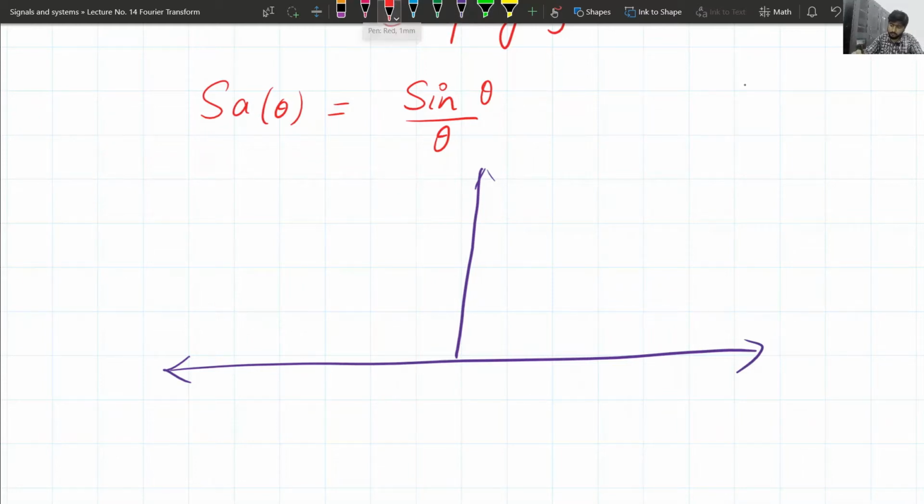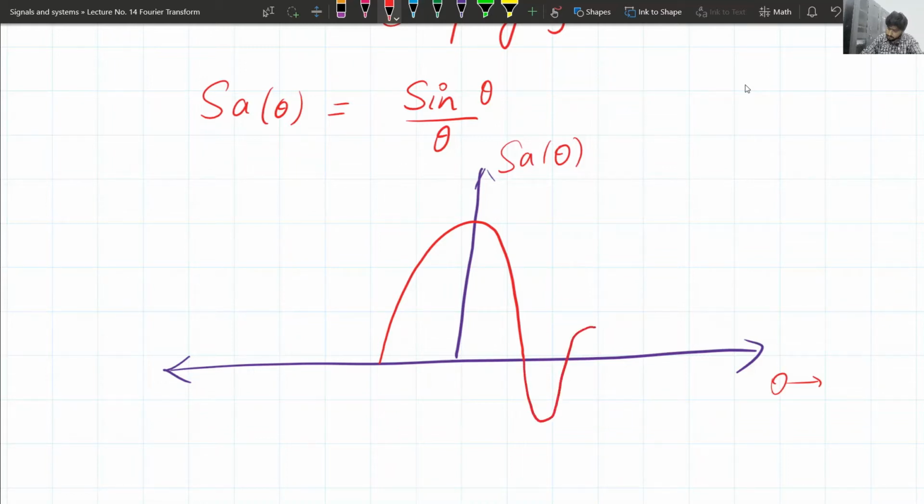So in terms of theta, the sampling function of theta will be plotted as follows, up to infinity and symmetrically.